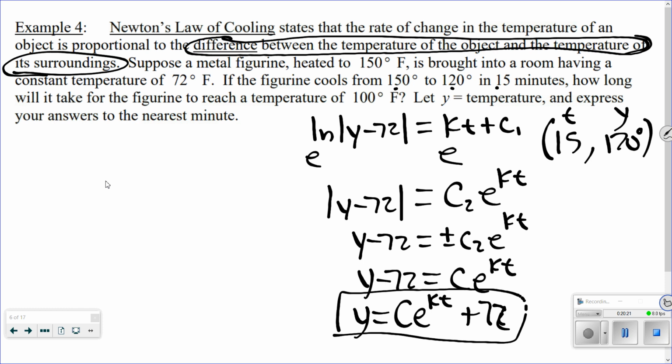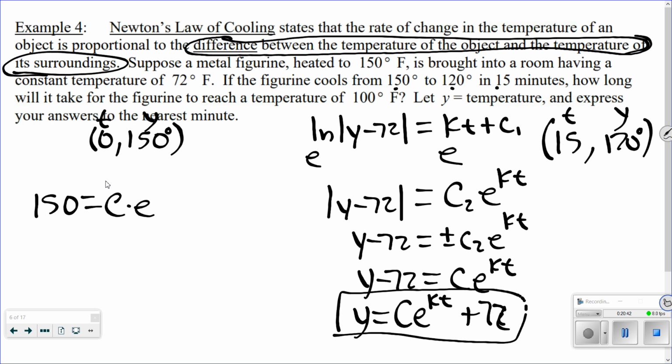But what I do know is this. At time 0, the temperature is 150 degrees. So that's T, and that's Y. I'm going to plug those two things in to see if I can solve for C. So I'm going to go 150 equals C times e to the k times t.